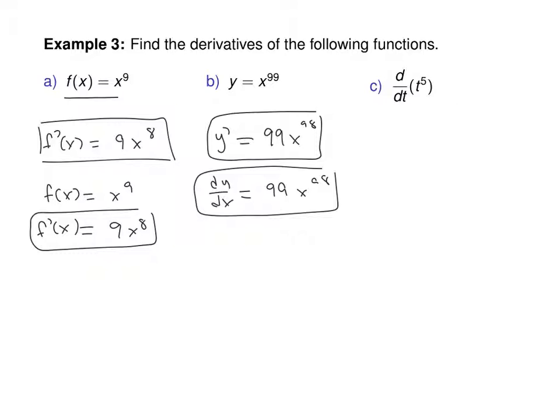The first one's less writing, so that's, you know. Okay, so in those first two, you're given the equation in terms of f of x equals or y equals. This part C, this little thing is like the operation that means take the derivative. So take the derivative of the thing in parentheses, and that equals what? 5t to the fourth.